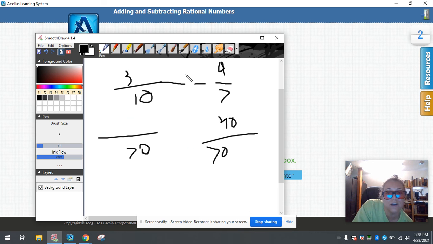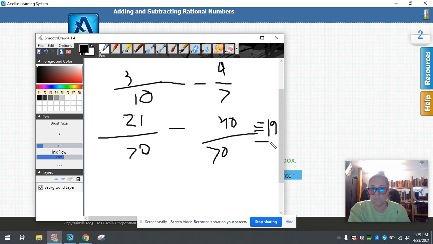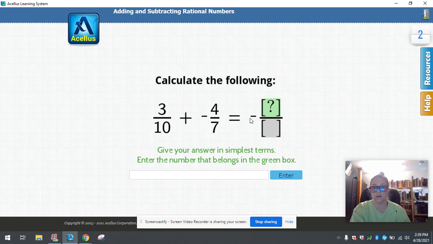Yep, that's a 4. 7 times 3 is 21. 21 minus 40. Ooh. Different signs subtract. What's 40 minus 21? Oh, it's 19. But I'm taking away more than what I have, so my answer is negative. My denominator stays the same. So I get -19/70. Our answer already is included with the negative, so that's kind of nice of them.